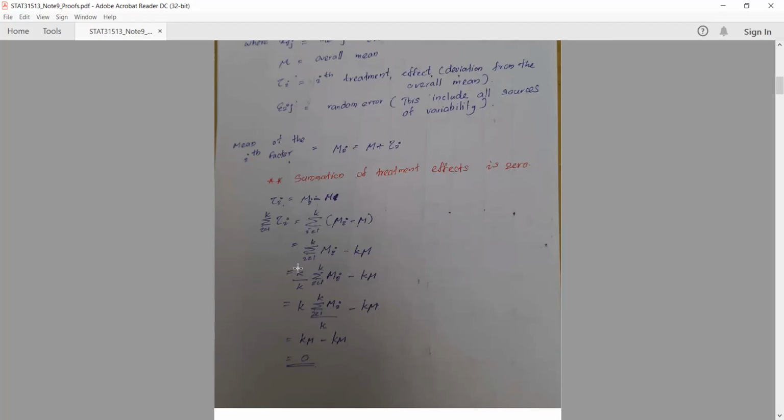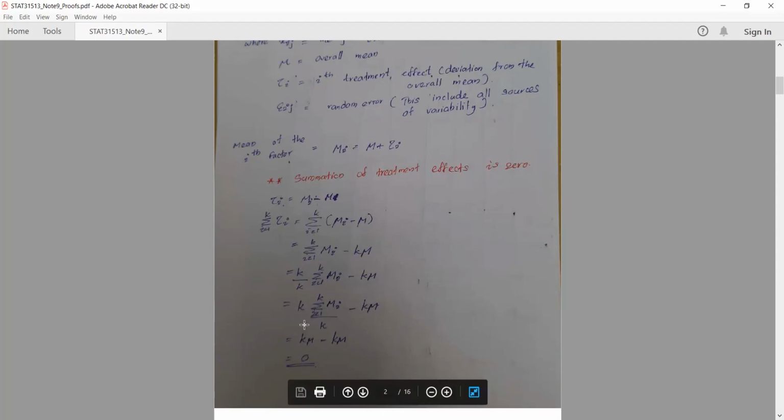For the first term, I'm going to multiply by k and divide by k. If you keep k here, and take the summation of mu i from 1 to k divided by k, that is, the summation of all the means divided by the number of treatments, you again get the overall mean, mu.